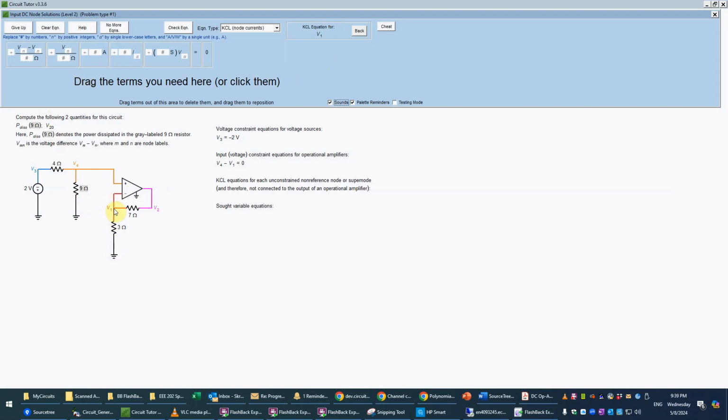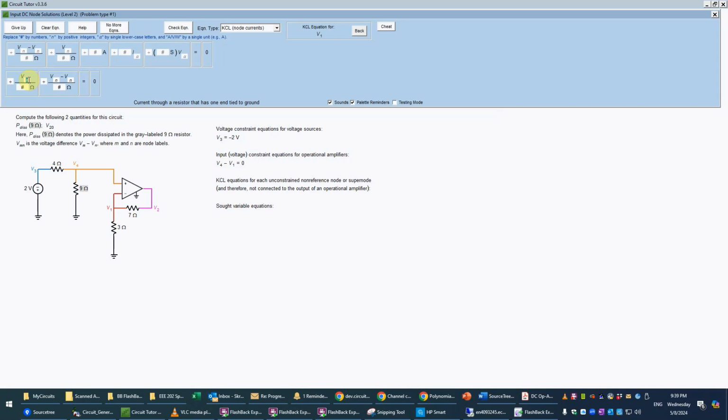And there's also a current leaving that node through the 7 ohm resistor, which goes to the output of the op amp, which can and does source or sink current as required, again, as a voltage source does. So through the 3 ohm, we just have one node voltage involved, driving it to ground. And through the 7 ohm, there's a difference in node voltages involved, so we'll use that term. And then that's going to add up to 0 here.